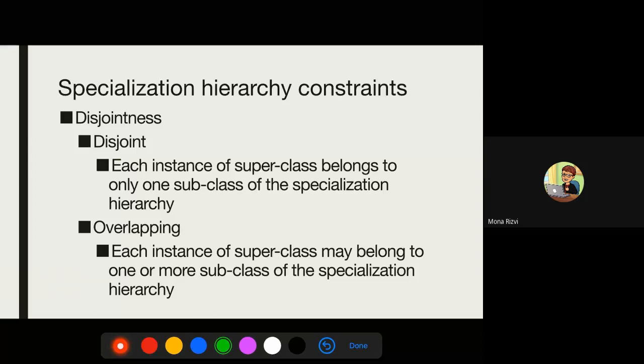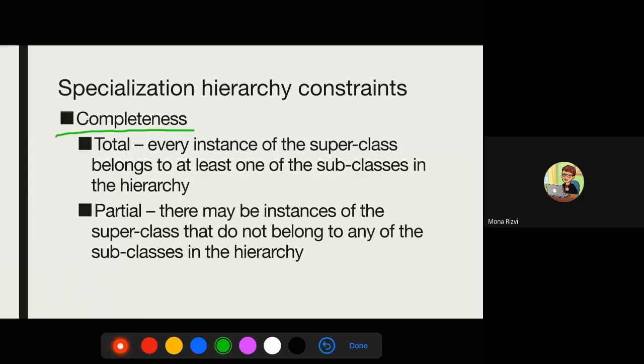And there's another constraint, and that's called the completeness constraint. So the completeness constraint describes whether or not every instance of the superclass plays a part in the subclass hierarchy.